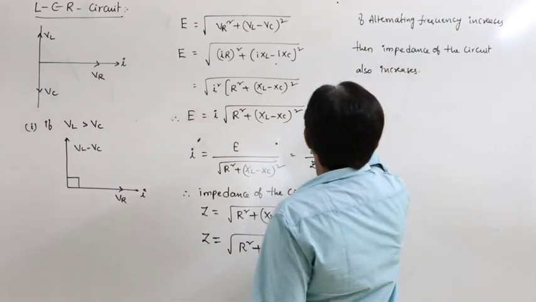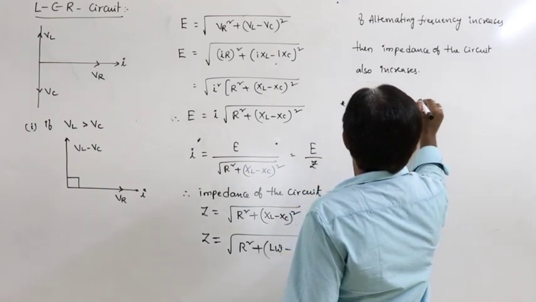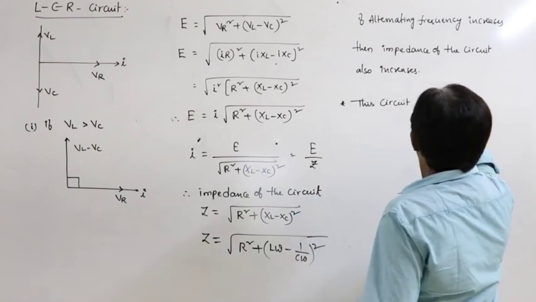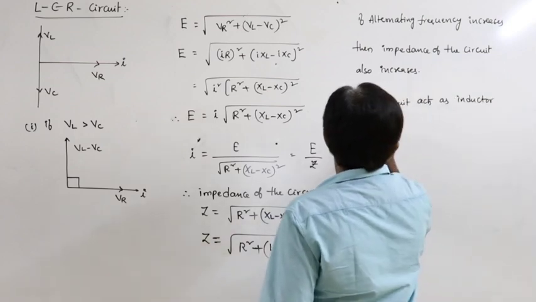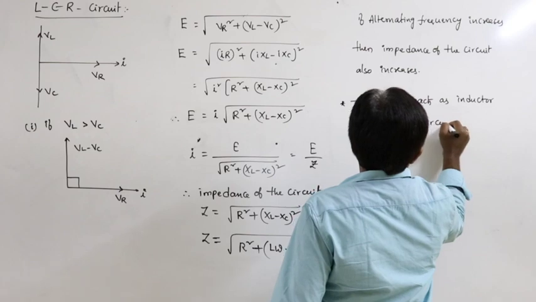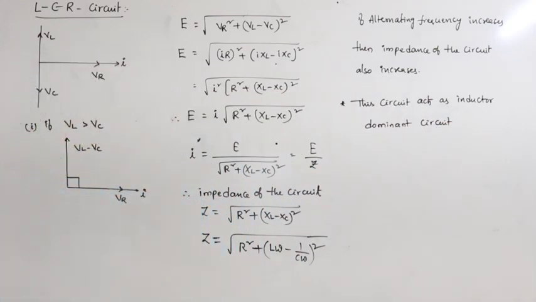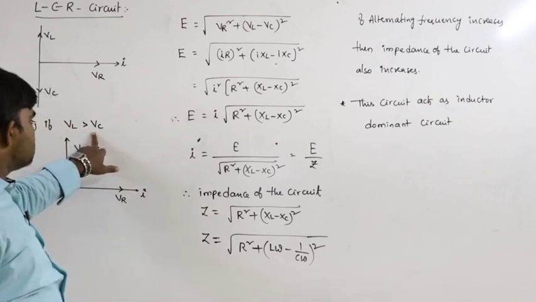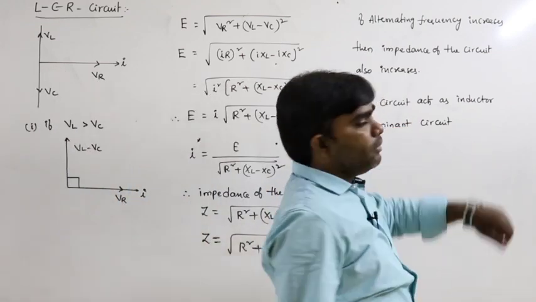So this circuit acts as an inductor dominant circuit, because inductor plays more important role when compared to the capacitor, because the potential difference across the inductor is greater than potential difference across the capacitor. That's why this circuit acts as inductor dominant circuit.